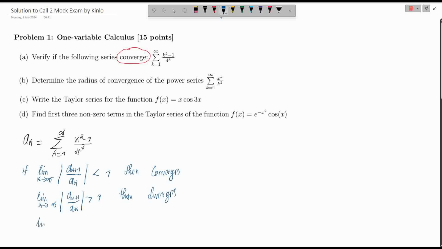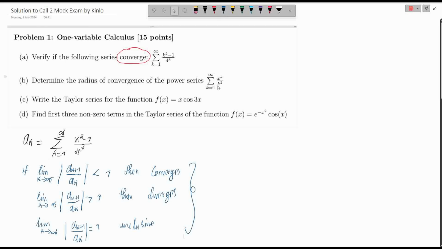And finally, if the limit is equal to 1, it's inconclusive. What this means is you cannot tell if it's a convergent or a divergent series. Then you need to use different methods to verify the convergence or divergence. So just keep this somewhere in your mind.